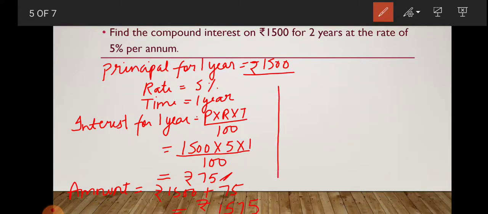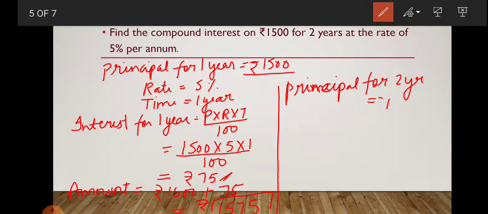Now amount for 1 year became the principal for second year, which is equal to rupees 1575.